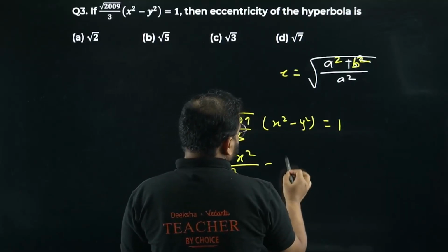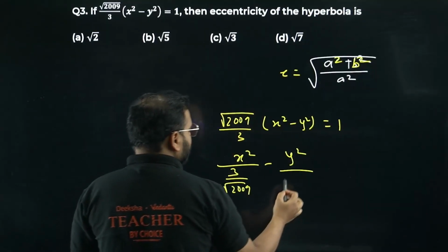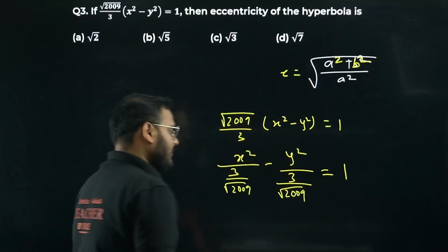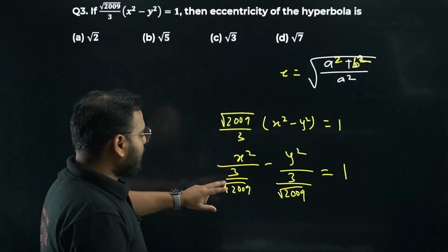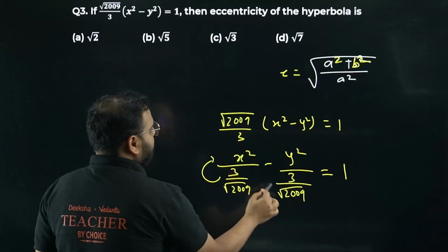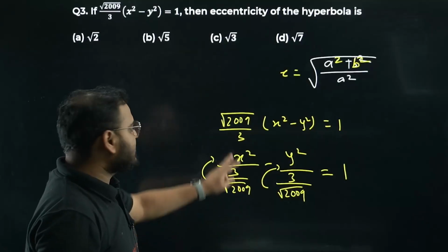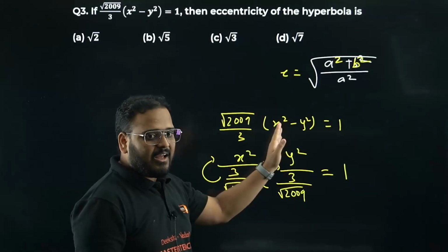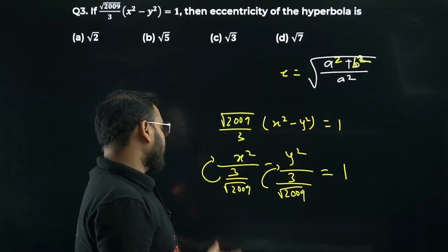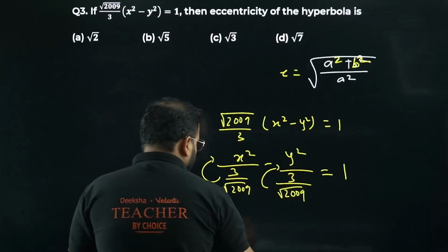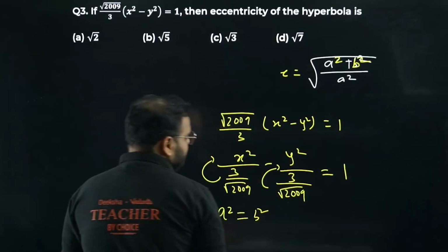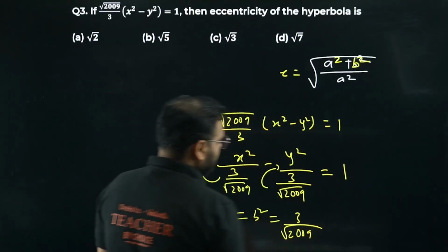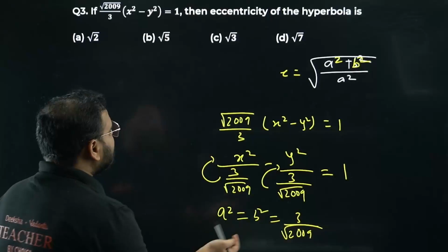It's a hyperbola, so for y square the same thing will happen: 3 upon root of 2009 equals 1. I'm giving it inside and then taking the reciprocal to make this in this way. If you compare from here, what are you getting? You're getting a square value equal to b square value, simply this as root of 3 upon 2009. Is that clear? So basically a square and b square are equal.